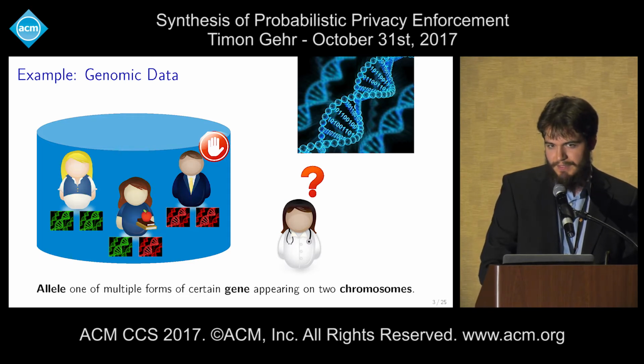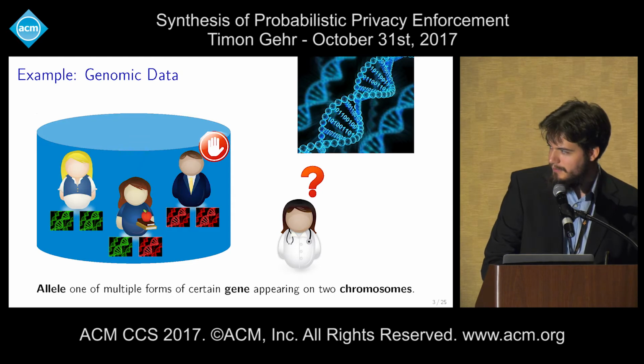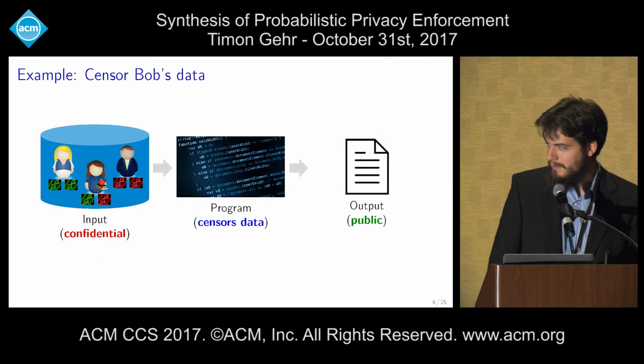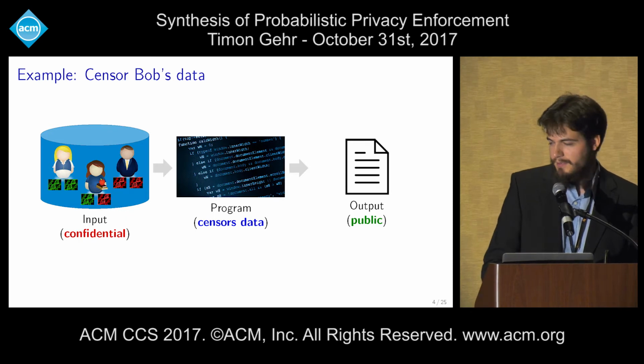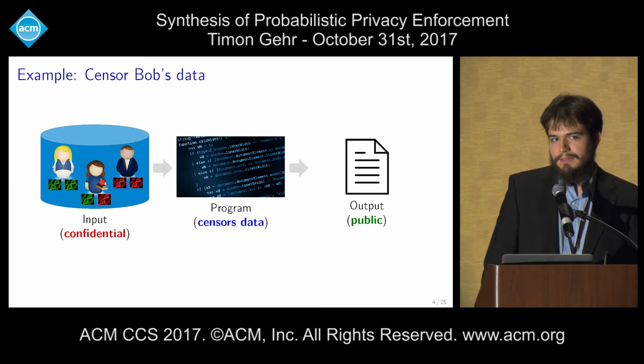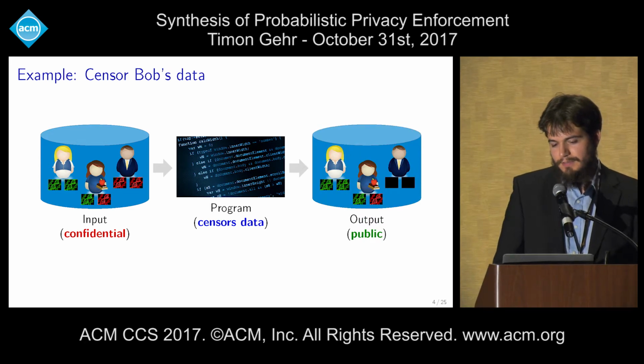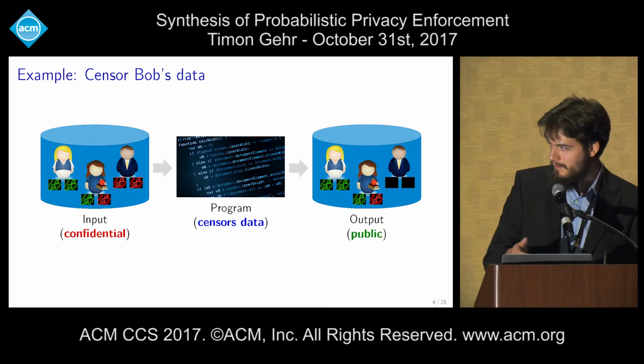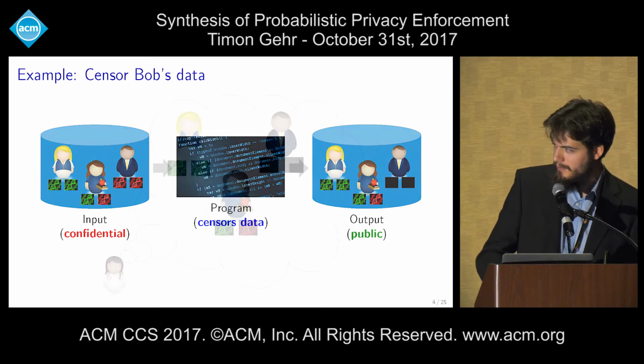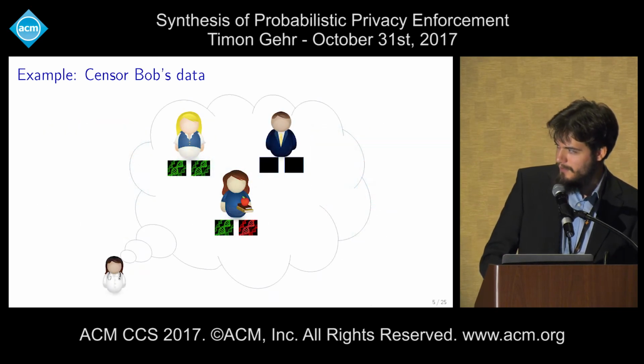One first naive approach to this problem is to just say, well, as Bob is concerned, we'll just censor his data. So the input is a database and the output is a database without Bob's data. The issue with this approach is that even though Bob's data isn't present in the database, Eve is not a fool and she actually knows that Carol is the daughter of Alice and Bob.